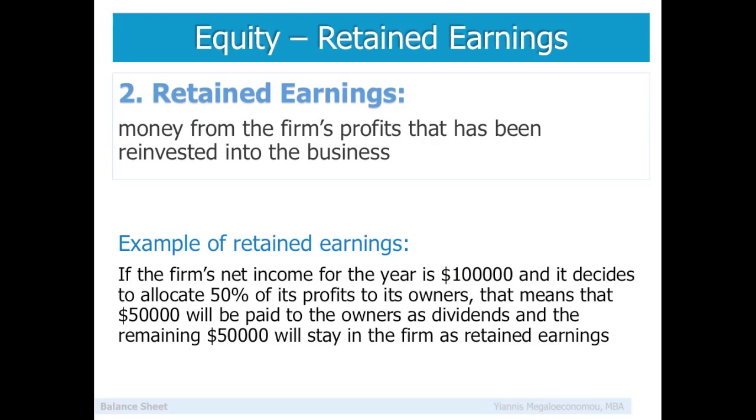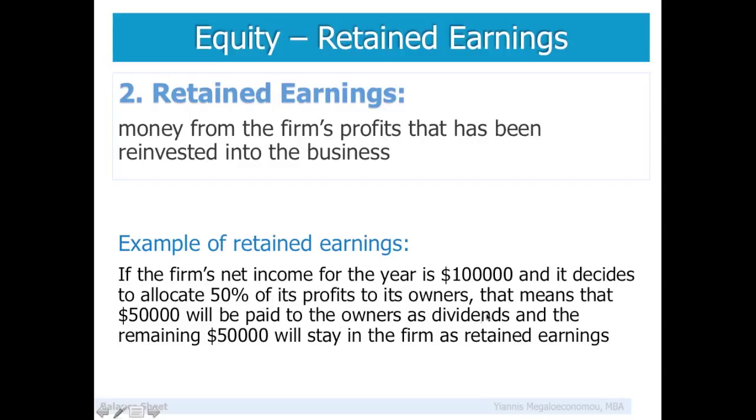The other element of equity refers to the retained earnings, or sometimes I call it retained profits or retained income. So this is money from the profits of the business that has been reinvested or retained in the business. Let's take an example to understand the meaning of retained earnings. We have a firm that has net income for the year of $100,000 and at the end of the year decides to give 50% of its profits to its owners.